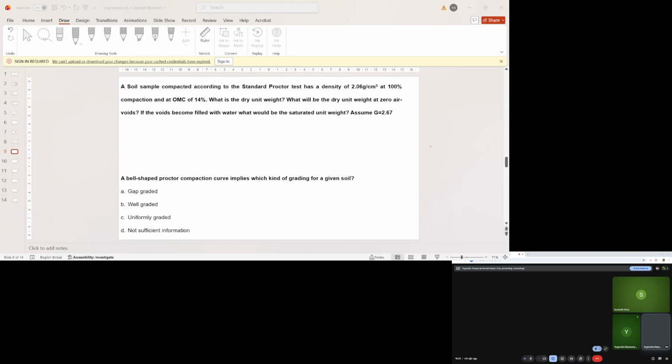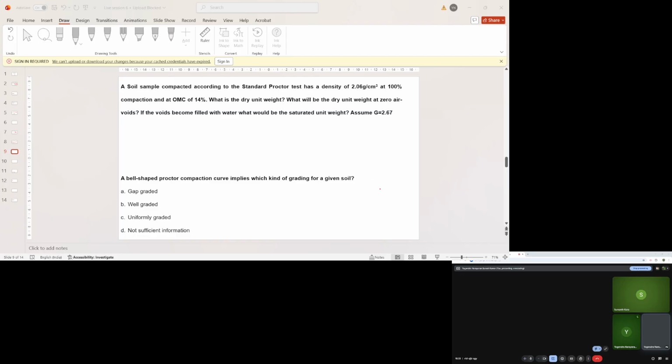So when we divide it by the unit weight of water, we will get the volume of water occupied, which is 0.253 cc.